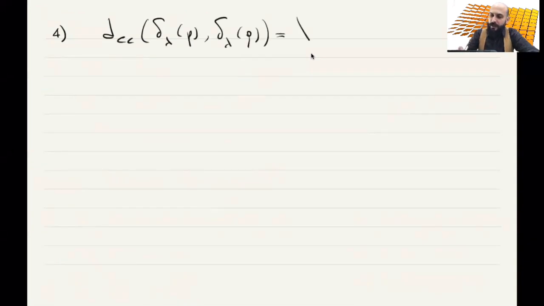This is the very important property: the Carnot-Carathéodory distance between two dilated points is equal to lambda times the distance of the two points. So this is said like delta lambda is a homothety.